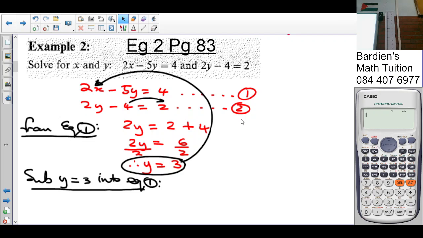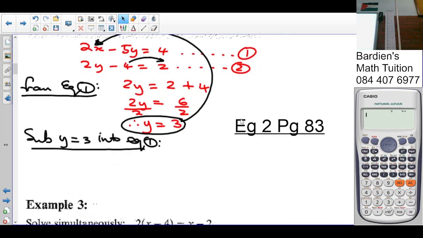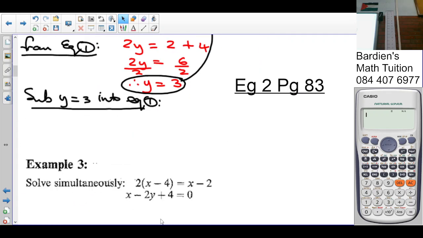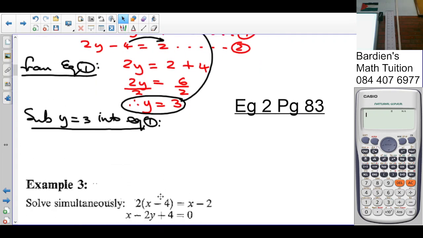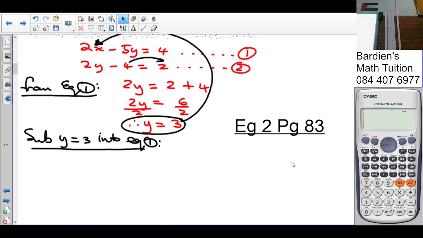Okay, so what do we have? We have 2x minus 5 into 3. Remember y is now 3, equals 4. You all agree with that? Yes, sir.